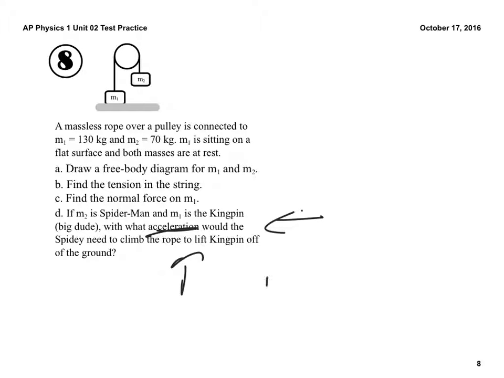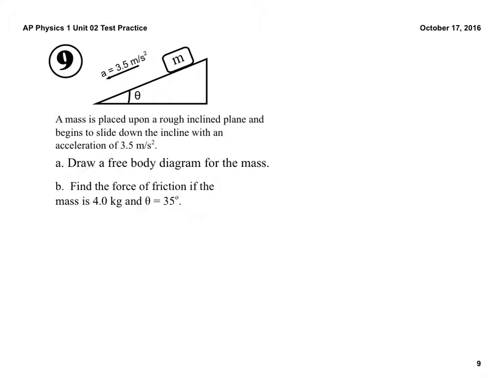Really, we need the tension for D to equal M1 g. The tension pulling up on M1 has to be the same as the weight of M1. So that's the key for D, but other than that, there is not too much else to really go over.